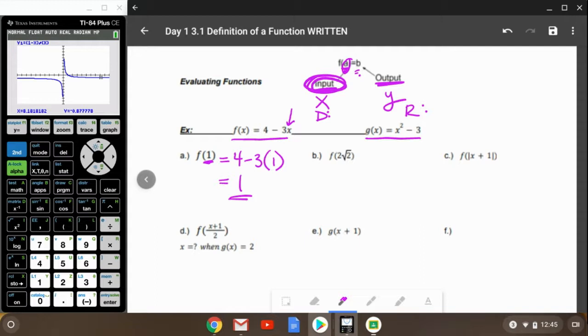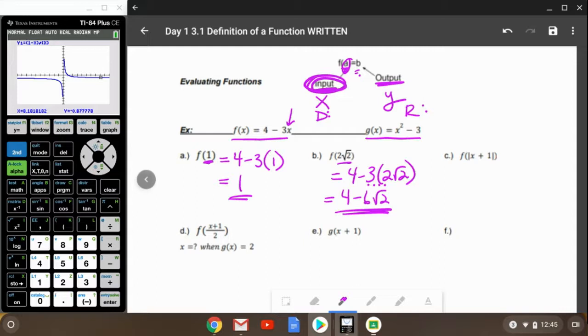All right, let's look at letter B. Same thing. I'm just going to substitute 2 square root of 2 in for x. My input is 2 radical 2. If I clean this up, there's not much you can do because you have unlike terms, but you can multiply the 3 and the 2. I'm going to get my output, 4 minus 6 radical 2.